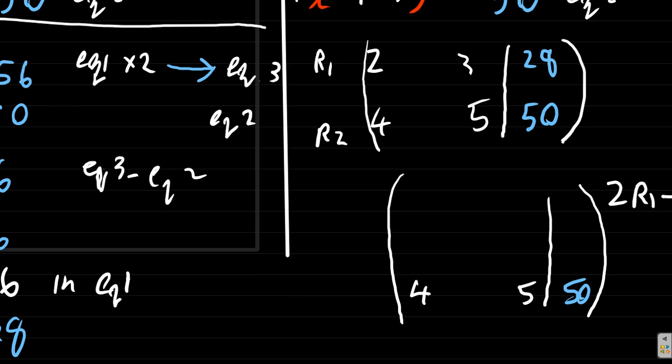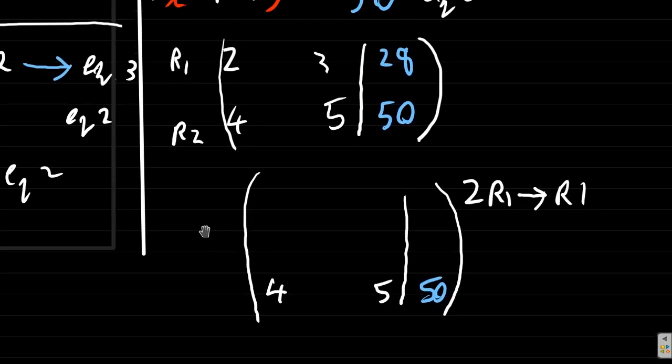But what happened here? When you have 2 times row 1, you multiply this 2 by 2, you get 4. In Gaussian elimination, you don't call it a new row, because each matrix you have will only have 2 rows.